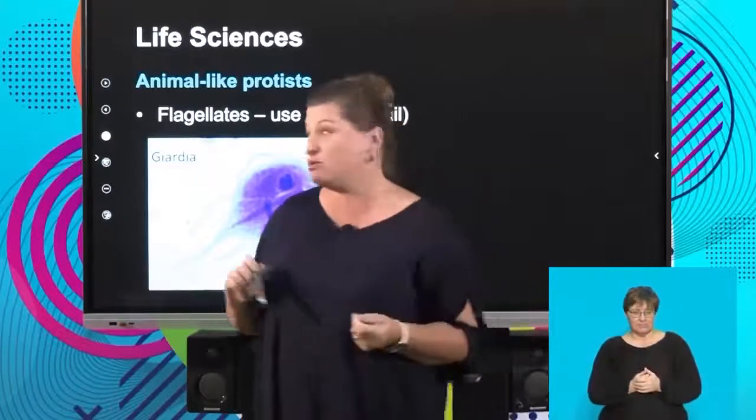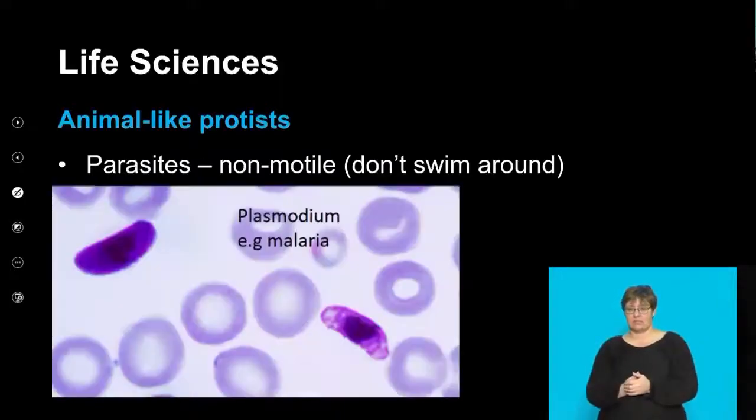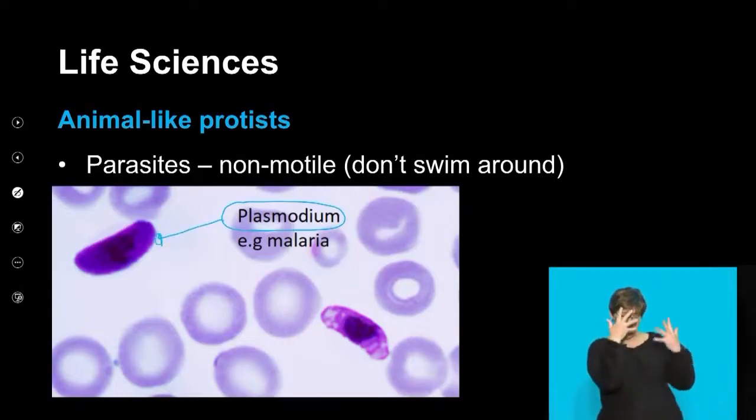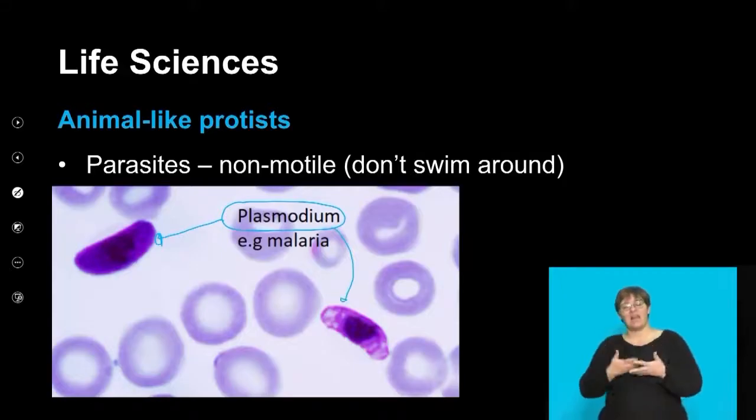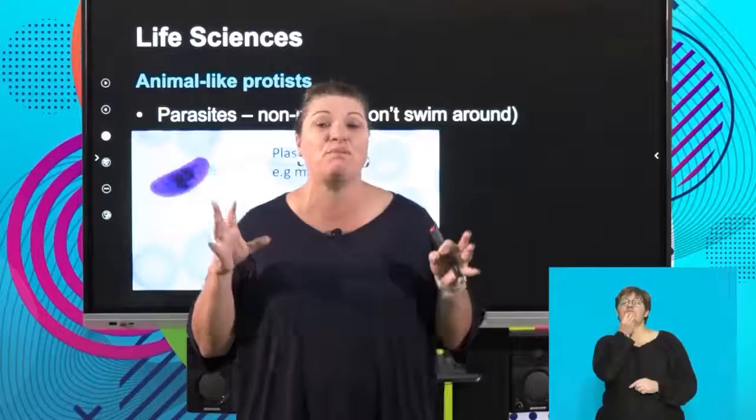Now the next group don't move. These are your parasites, and this is the one that we are really going to look at. The most important little guys that don't move, we call them a plasmodium. And the plasmodium are these guys over here. You see they're darker than the rest of them. Now, they don't move at all, but they need to feed, and these are parasites.